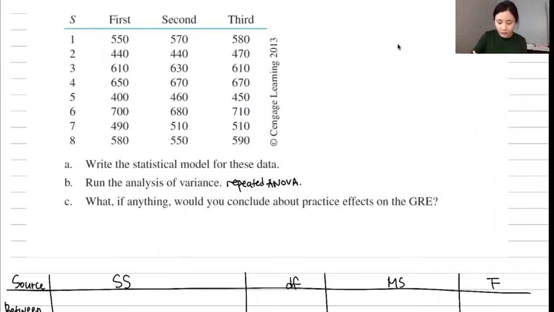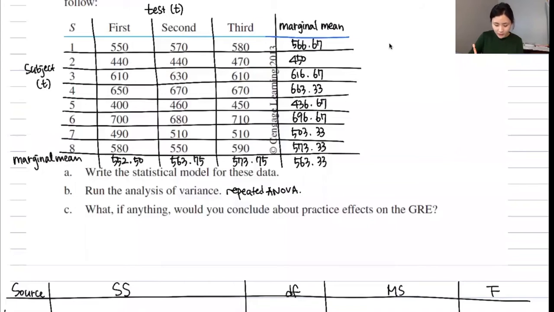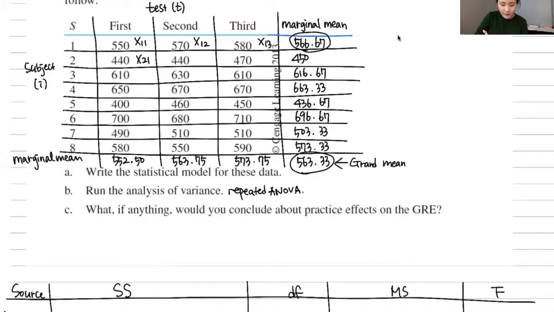Before calculating, we need marginal means. So we are calculating column means and row means. These are marginal means and this is the grand mean. Because the row represents the subject, which is i, and the column represents the test, 550 can be written as X11 and 440 can be written as X21, because the row number is written first and the column number to the right.